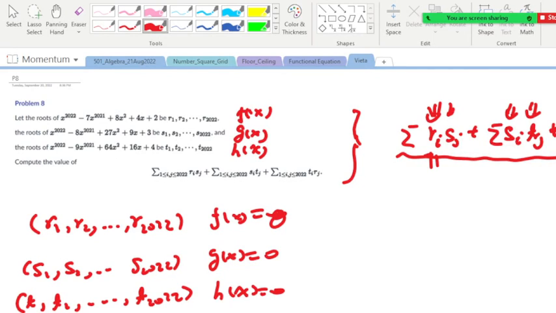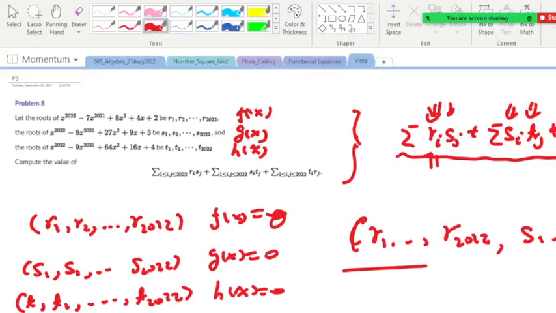If you want the r_i s_j, s_i t_j, and t_i r_j, does that mean I need to find a polynomial with the roots r1 to r2022 plus the roots s1 to s2022 plus the roots t1 to t2022?